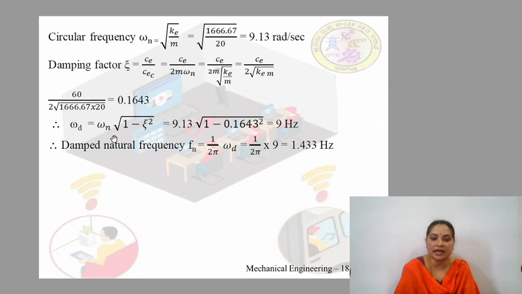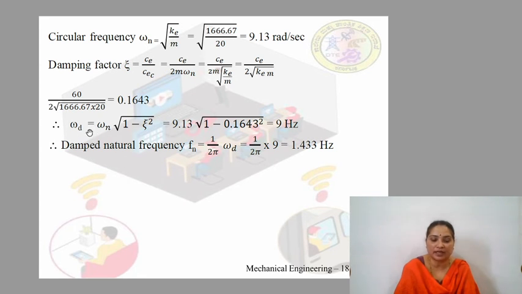Using omega n and zeta value, we can find out the omega d value, which is nothing but omega n into square root of 1 minus zeta square. It equals 9.13 into the root of 1 minus 0.1643 square, which is nothing but 9 radians per second.